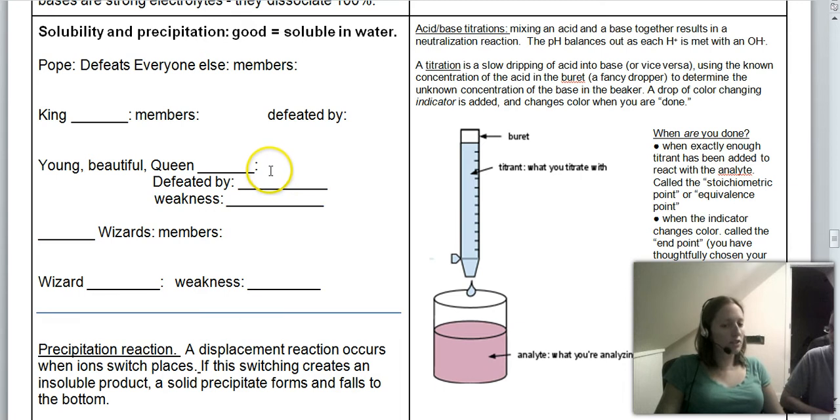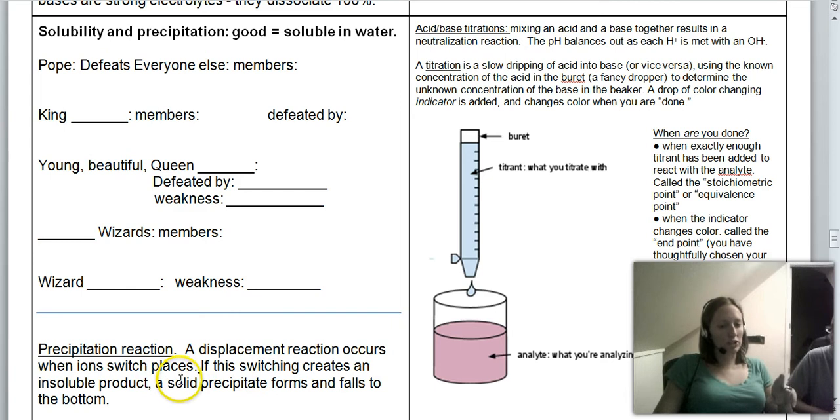There is a list of rules that allow you to determine just by looking and remembering your rules, okay, that's clearly insoluble, but that one's soluble. It allows you to know what's going to happen in a reaction, whether you're going to get a precipitate out when you're doing a double displacement reaction, which ends up being important.